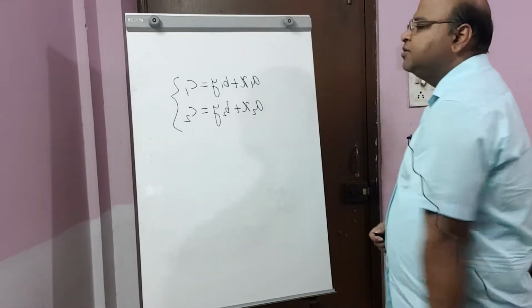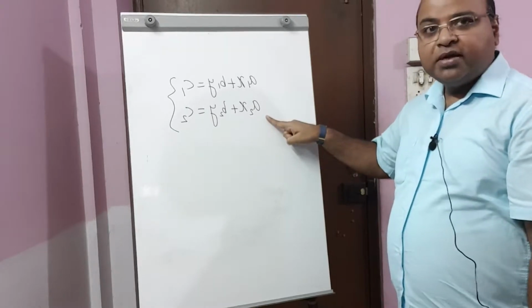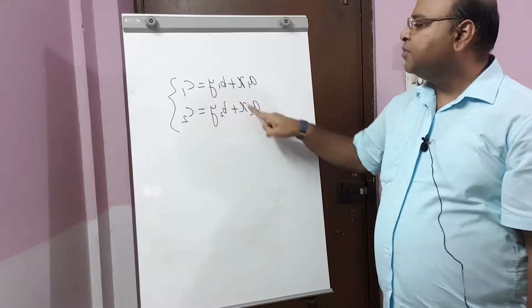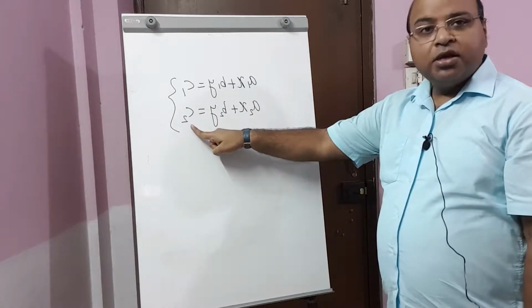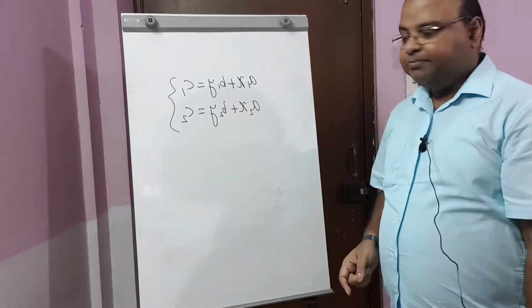These two equations together form a linear system, where a1, b1, c1, a2, b2, c2 are the constants and x and y are the variables of the system.